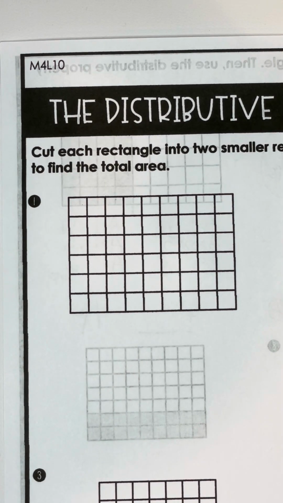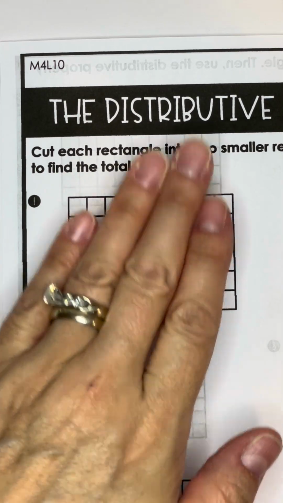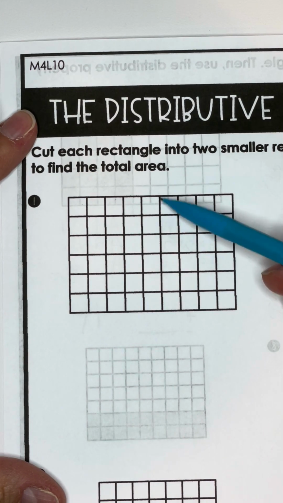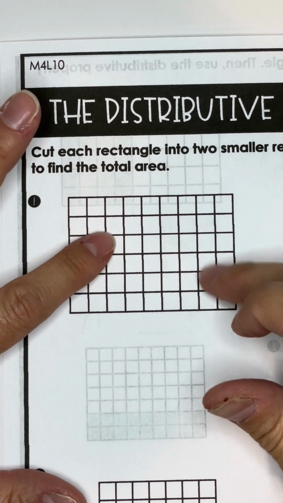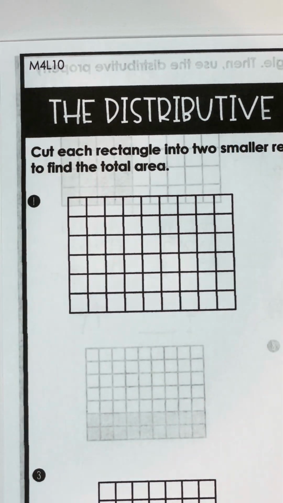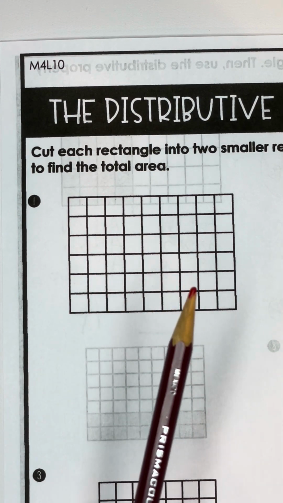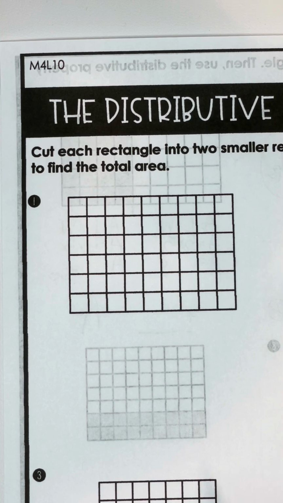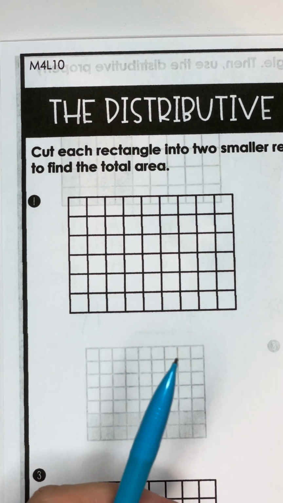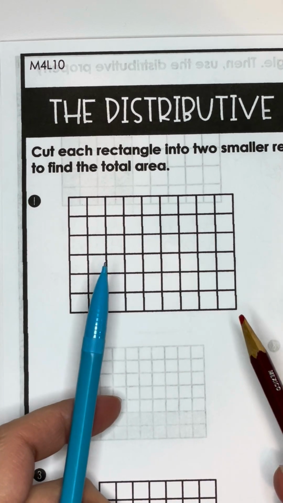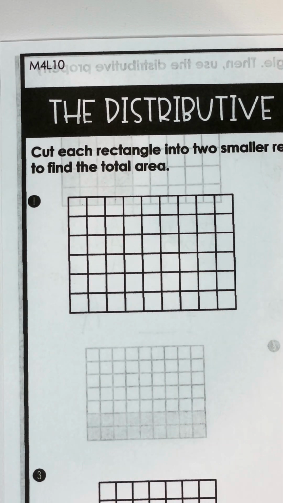We're going to practice by taking a big rectangle and breaking it into two easier parts and then adding it back together. Okay, so I've got a colored pencil. I'm going to use a colored pencil and a regular pencil. You can use two different colored pencils if you want. And this first one, we're doing it together. So you're doing it exactly like I'm doing it.